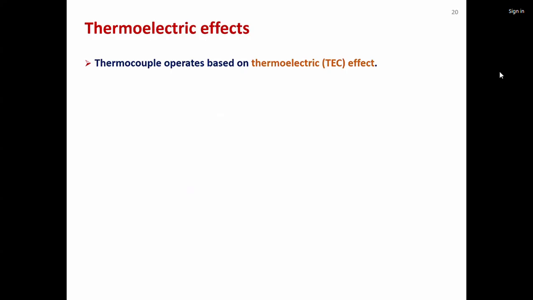So the thermocouple basically operates on what is called the thermoelectric effect. So what is the thermoelectric effect? The thermoelectric effect is categorized into Seebeck effect, Peltier effect, and Thomson effect. And it is known that a combination of Peltier effect and Thomson effect gives rise to what is called the Seebeck effect.